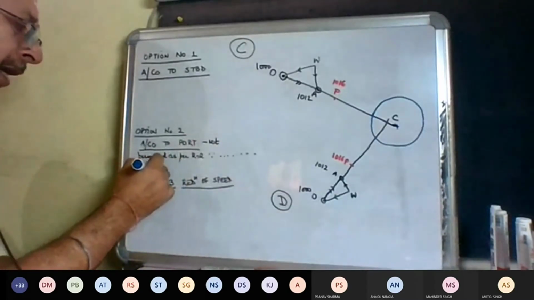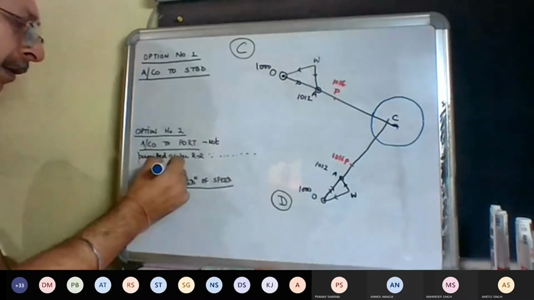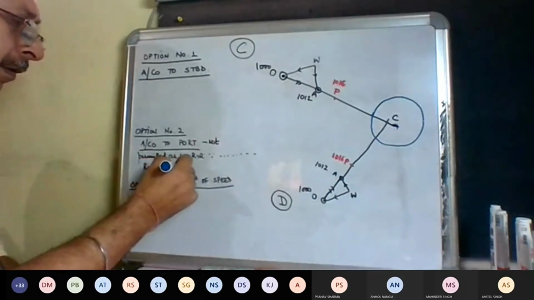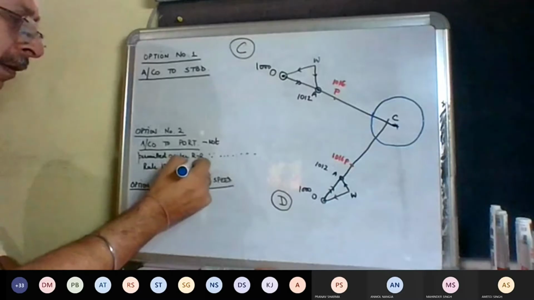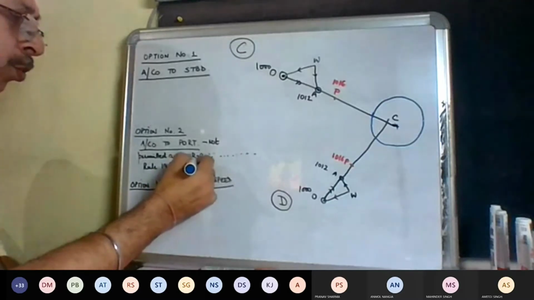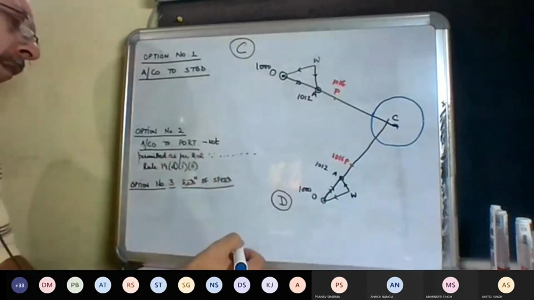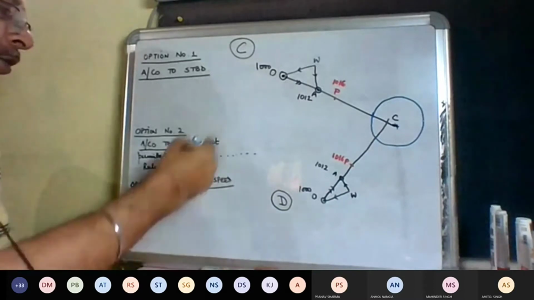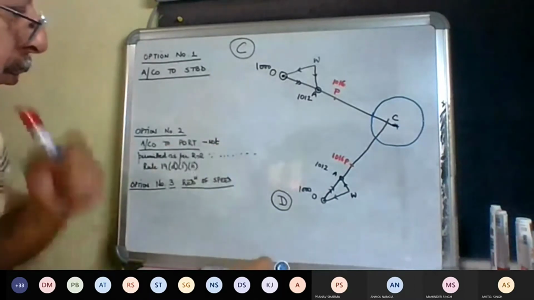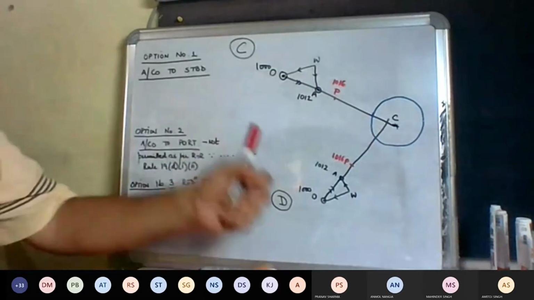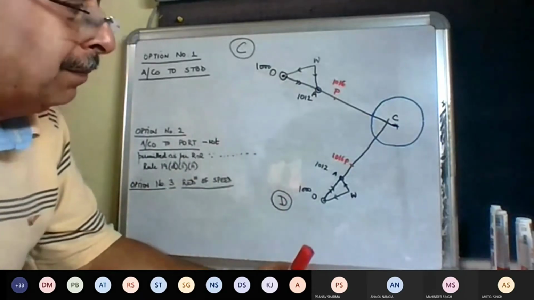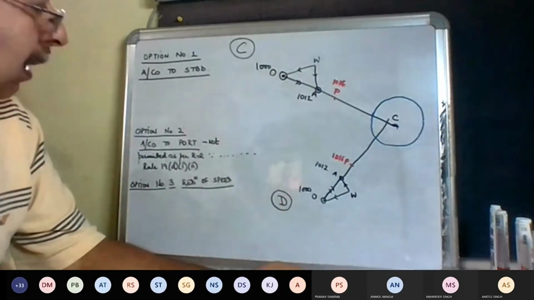You quote the relevant part of rule 19, delta 1 and delta 2, and then you say it is not permitted. I can only alter course to starboard. And here the targets are all forward of my beam, both of them. That's why.